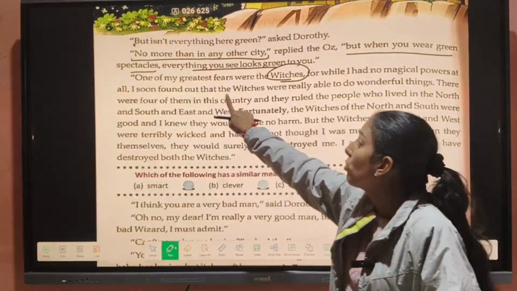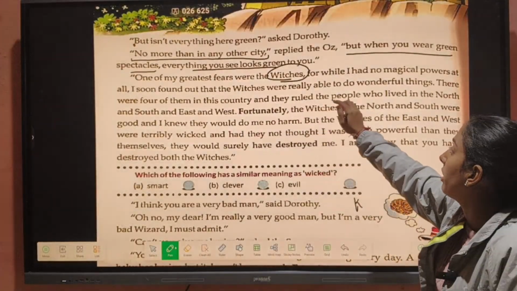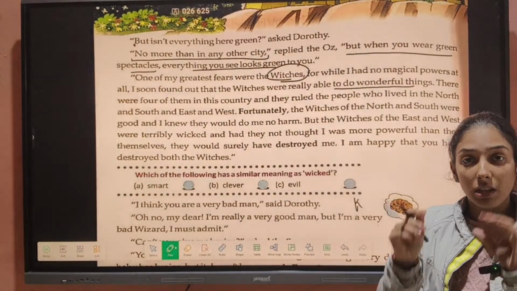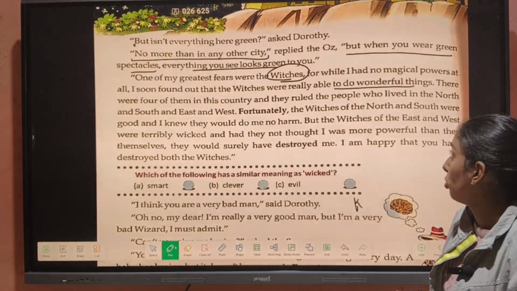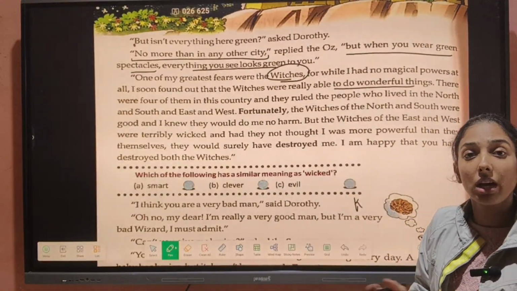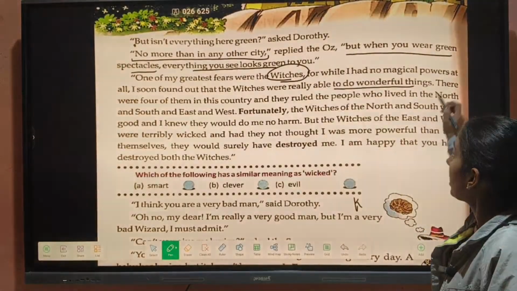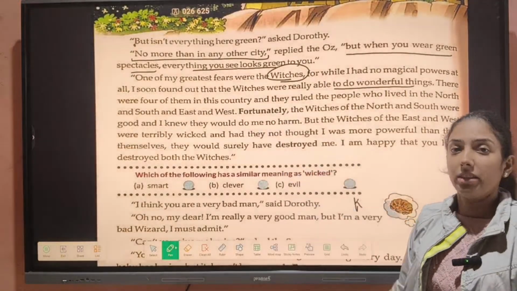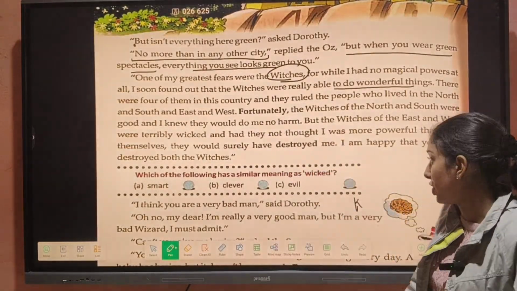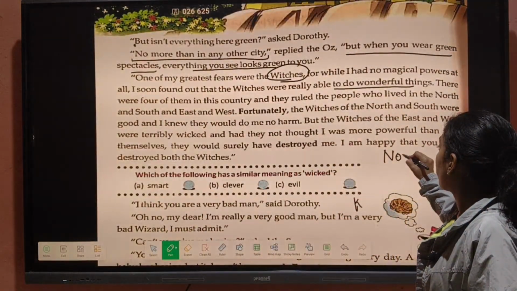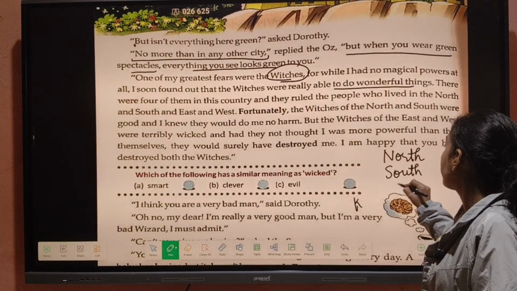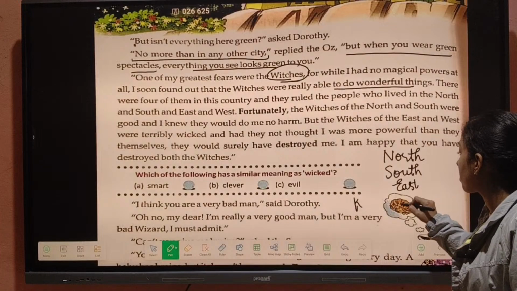"I soon found out that the witches were really able to do wonderful things." Why? Because they have magical power. "There were 4 of them in this country." In this country, there were 4 witches: witch of North, South, East and West.